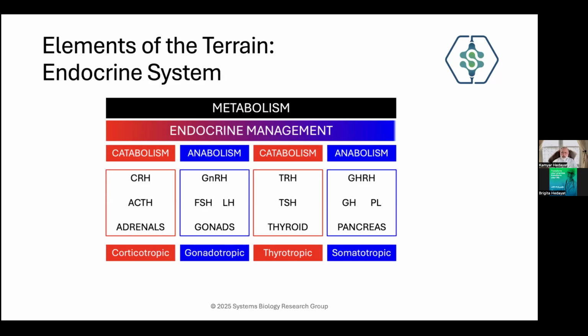But of course, these play a much bigger role in metabolism than they do in secondary sexual characteristics or in reproduction. We have the thyrotropic hormones, such as T4 and T3, and we have somatotropic hormones, such as growth hormone, insulin, glucagon, etc.